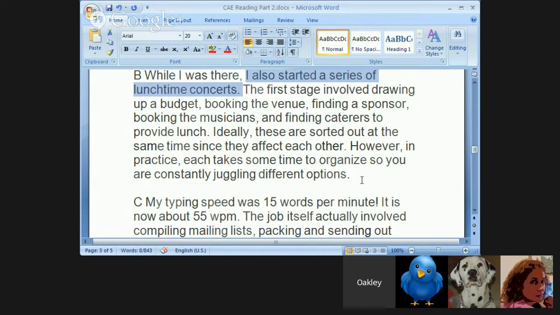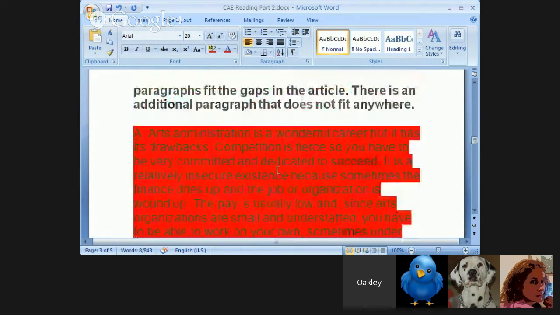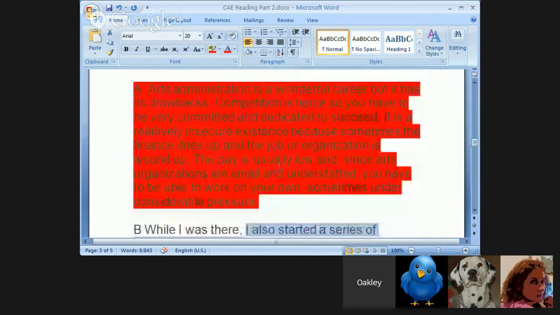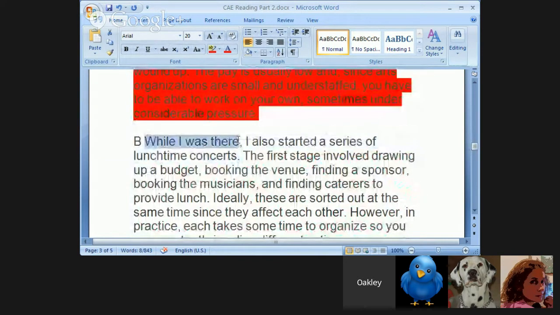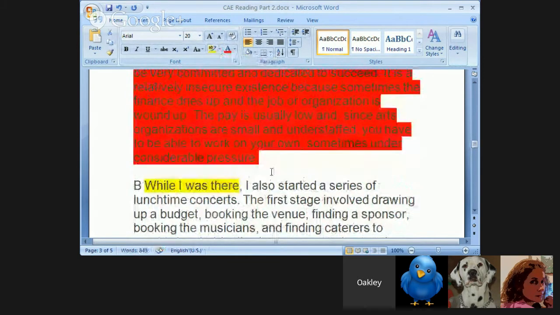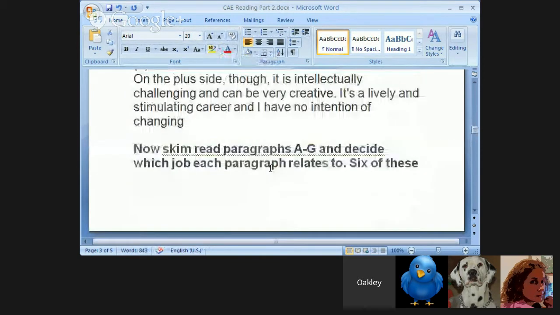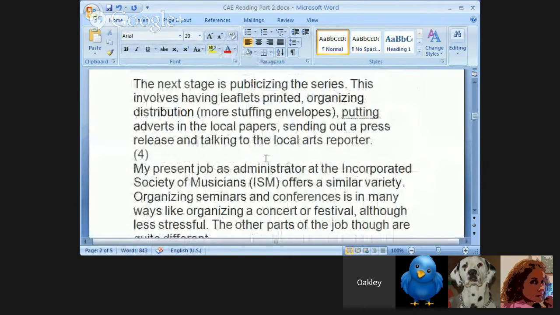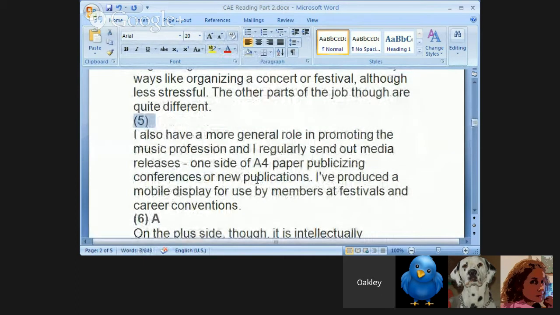He says something about being hired as a music administrator. My present job, no. But while I was there means it can't be my present job, so it can't be 5.